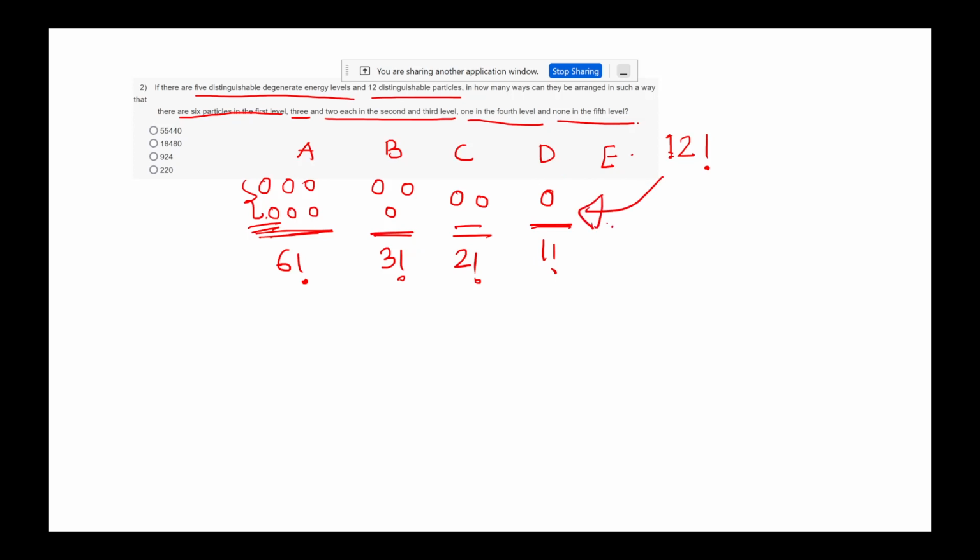So the answer will be, this is the classic Maxwell-Boltzmann distribution.